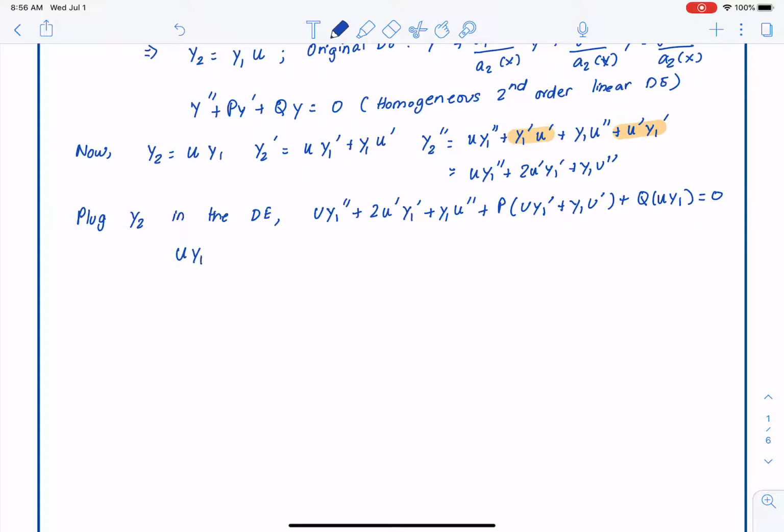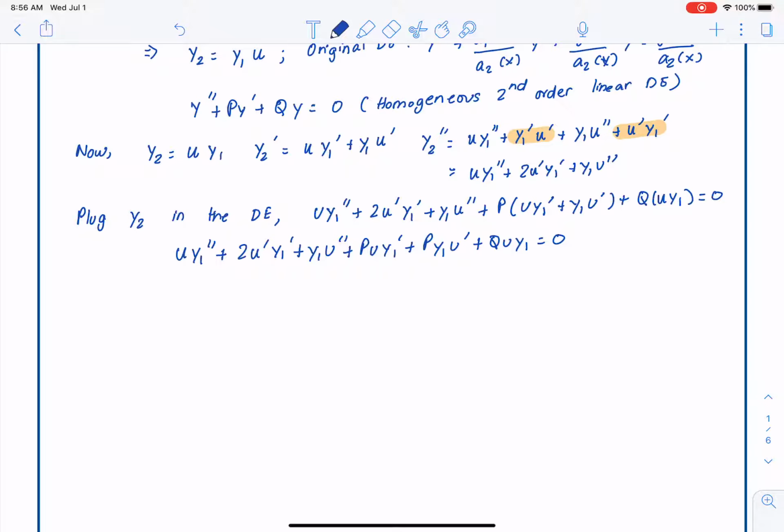So u y1 double prime plus 2u prime y1 prime plus y1 u double prime plus p u y1 prime plus p y1 u prime plus q u y1 equals 0.